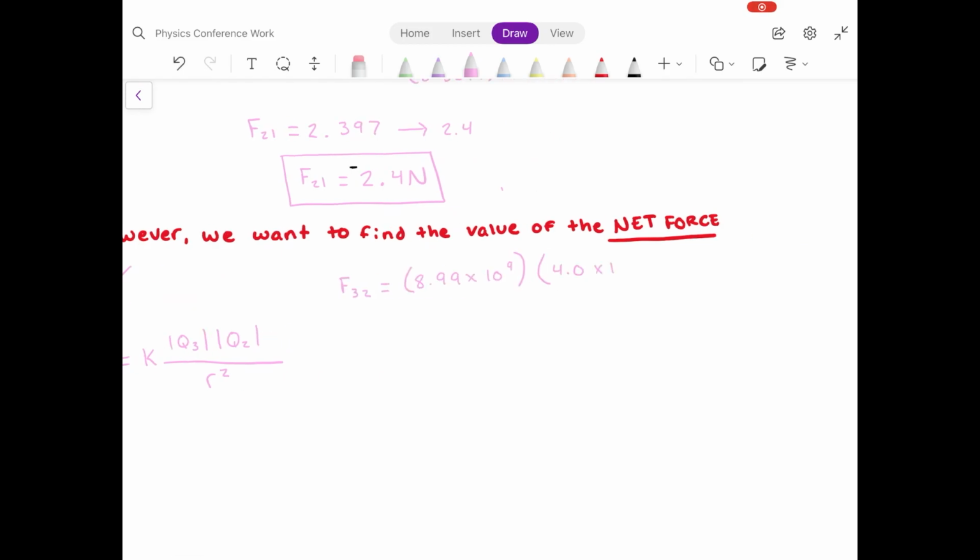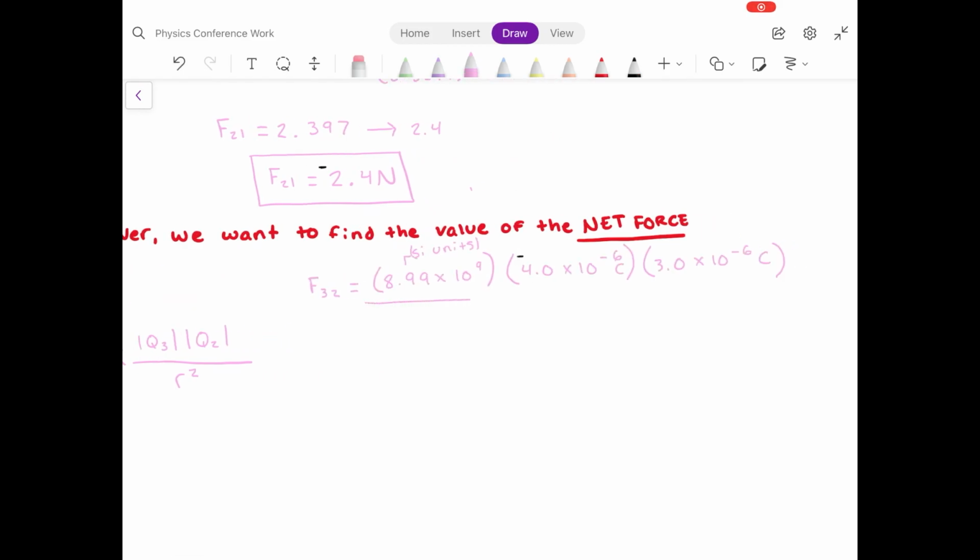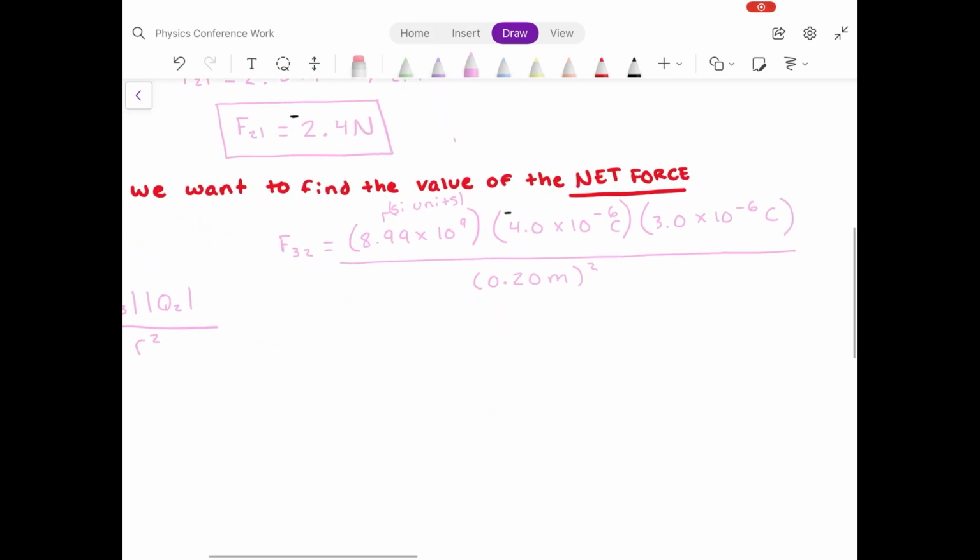I will now refer to the what do we know section and plug in the values that we were given into this equation. I'm adding a negative sign in front of the 4.0 times 10 to the negative 6 coulombs, again for direction purposes. Now that I have the full equation, I can plug all of the numbers into my calculator to find the value of F32. I am given a number of 2.697, which can be rounded to 2.7.